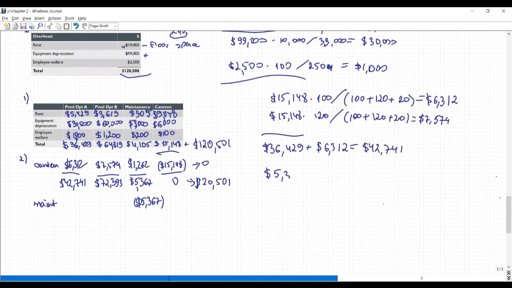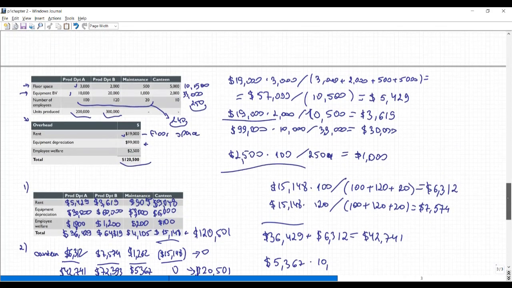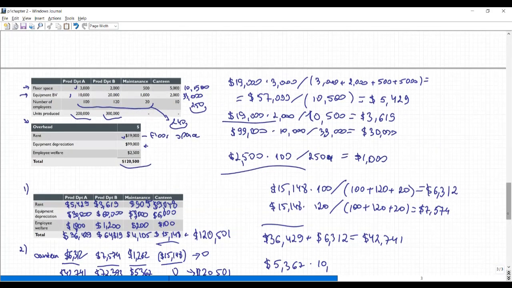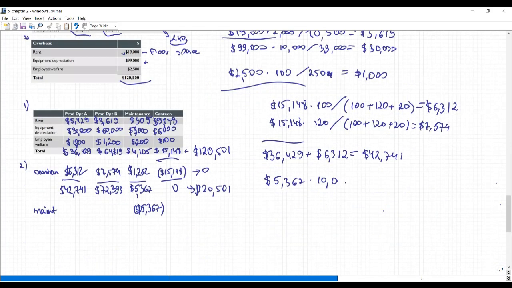5,367 is going to be apportioned as follows. The equipment book value for department A is 10,000, and for department B, the equipment book value is 20,000. So 10,000 plus 20,000. Let me calculate that.